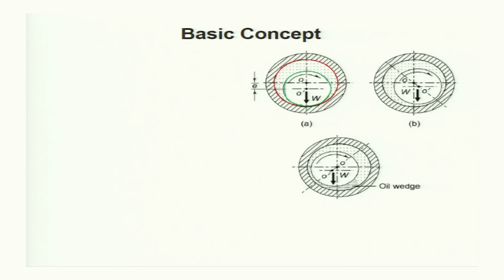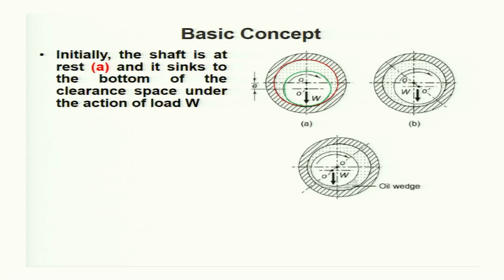Initially, when the shaft is stationary, that means the shaft is not rotating, the shaft will rest at the bottom part of the bearing, so the red colored circle and the green colored circle touch at this bottom point.